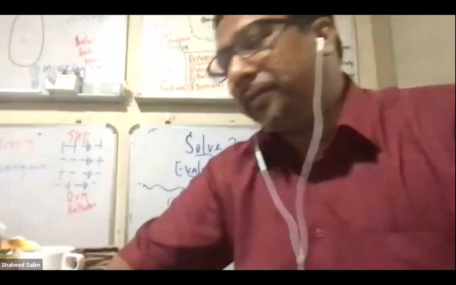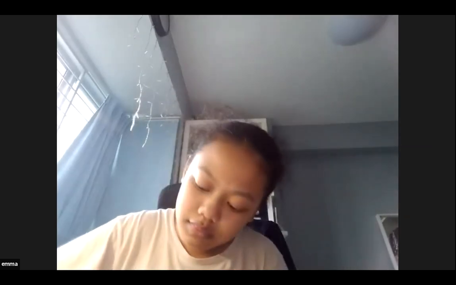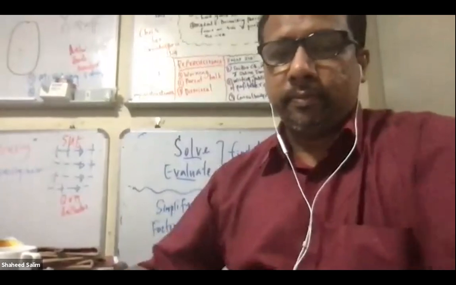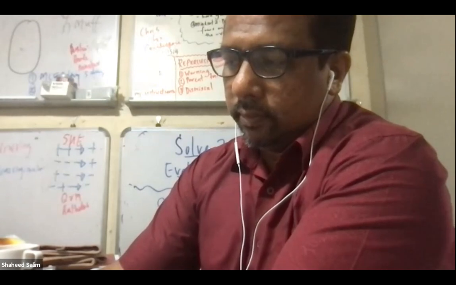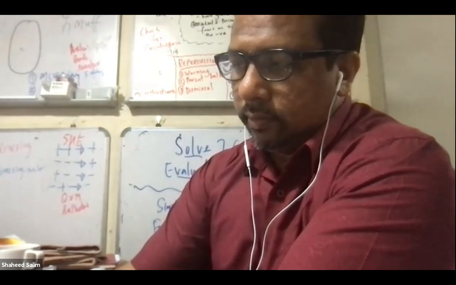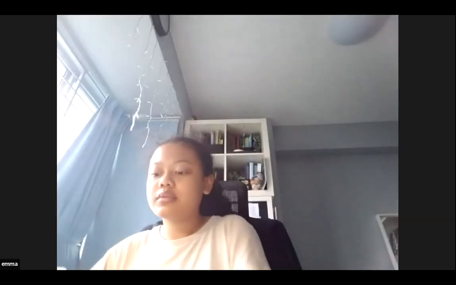Let me check. 9m squared minus 60mn plus 100n squared. Correct.